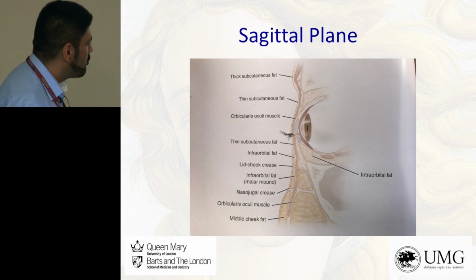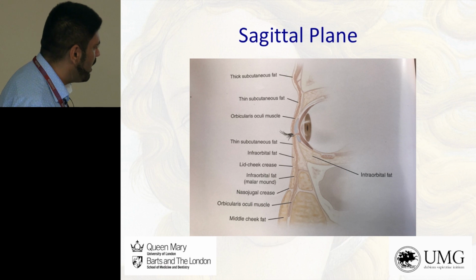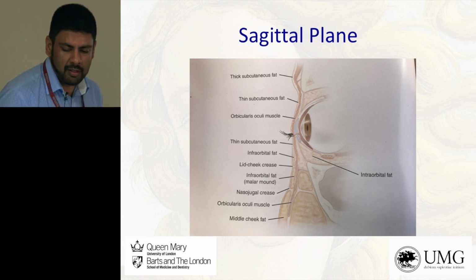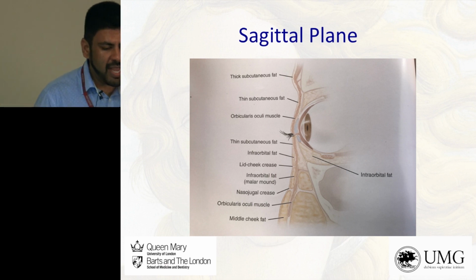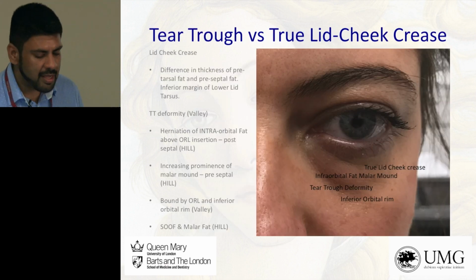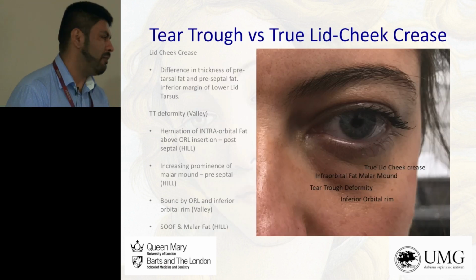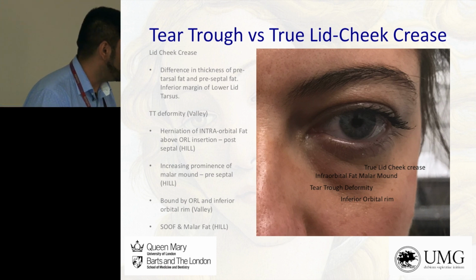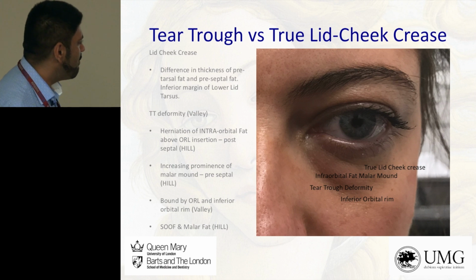Everything here is intraorbital fat, and then everything below it is suborbicularis oculi fat pad, and then the deep medial cheek fat pad and the buccal fat pad. So when we inject the tear trough, we stay in the SOOF and we stay in the deep medial and the buccal fat pad.